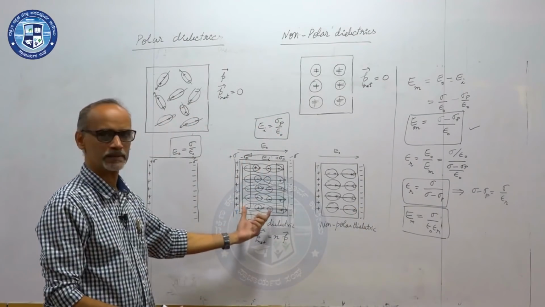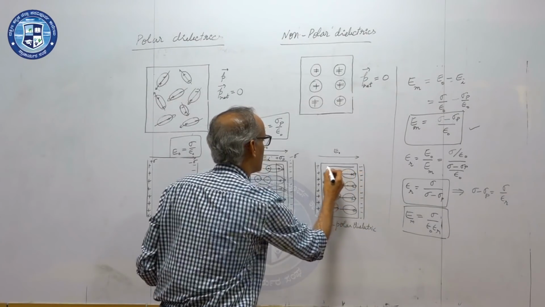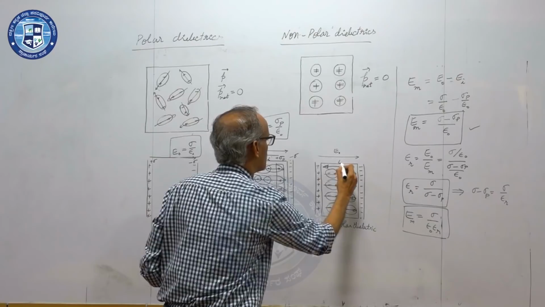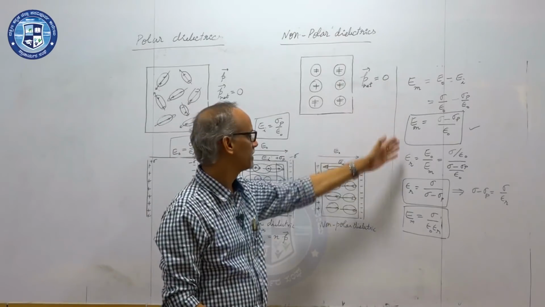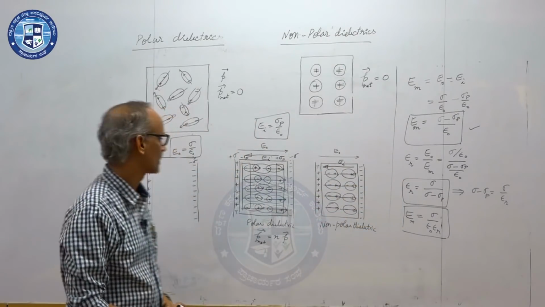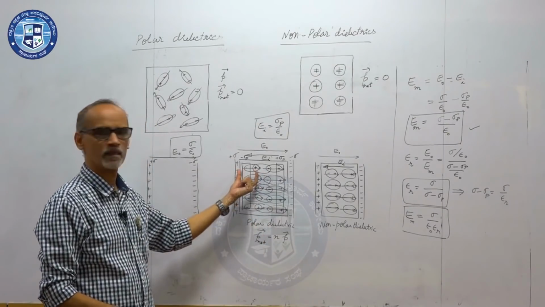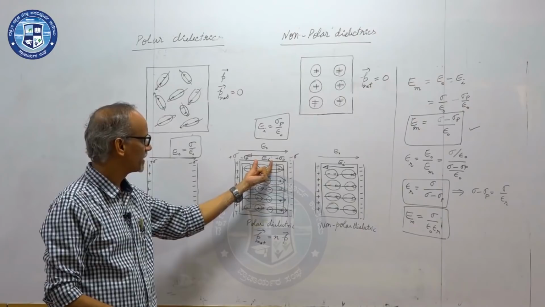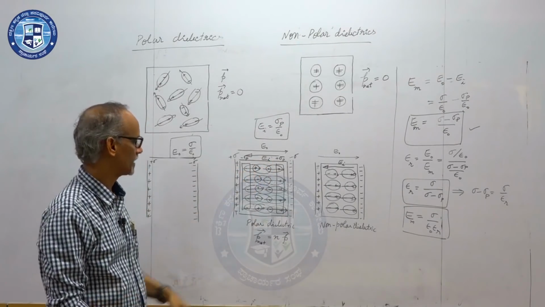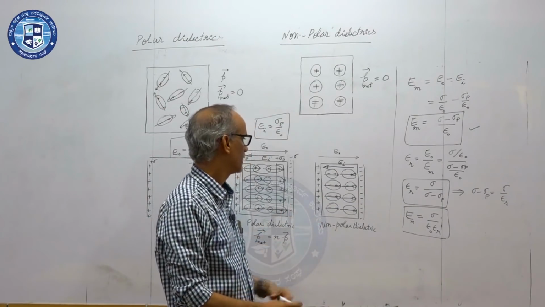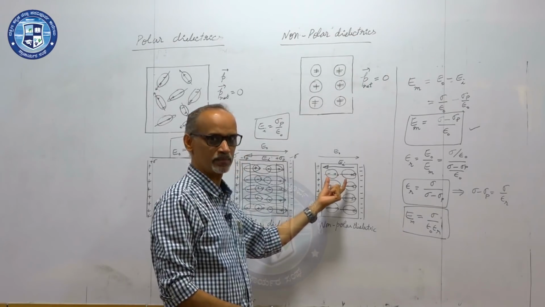and like earlier, they create a field in a direction opposite to that of the external electric field, so we can apply the same theory as I have explained here. The only difference is that in the case of a polar dielectric, the electric field created inside is because of intrinsic dipoles, whereas in the case of a non-polar dielectric, it is because of induced dipoles.